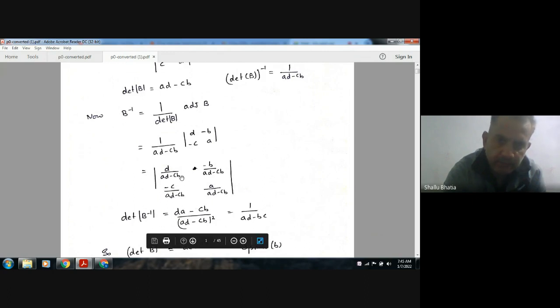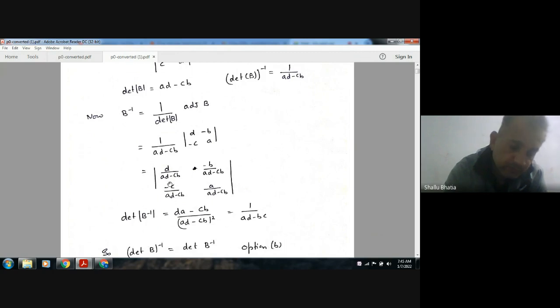In the denominator the quantity is the same, so AD minus CB divided by this denominator squared. So it will be 1 by AD minus BC.